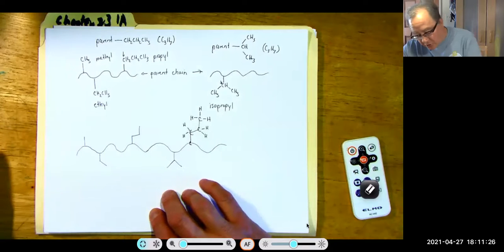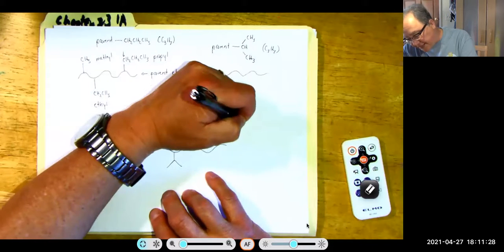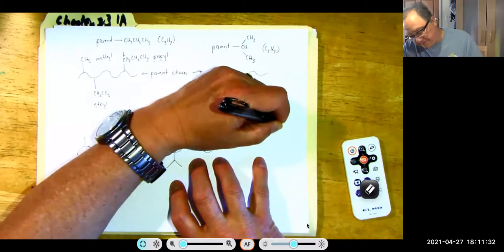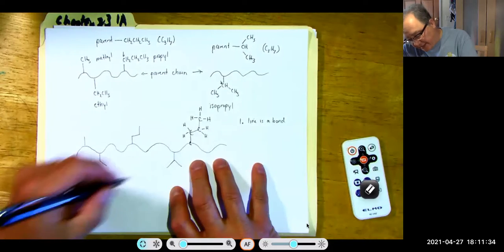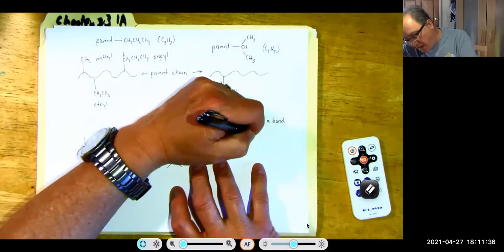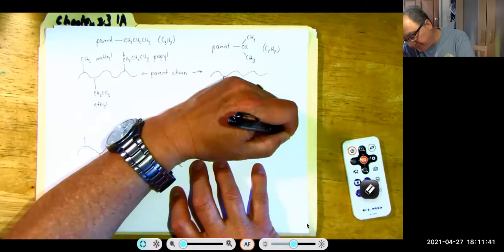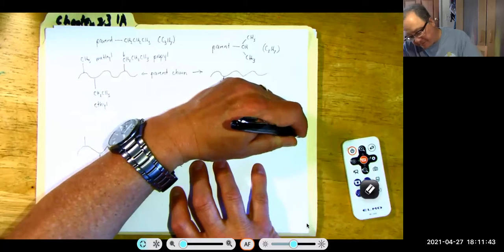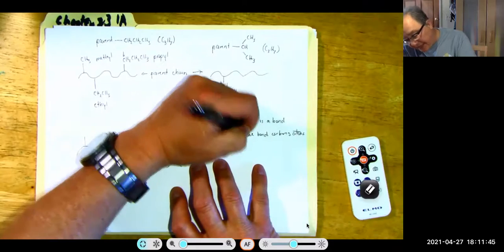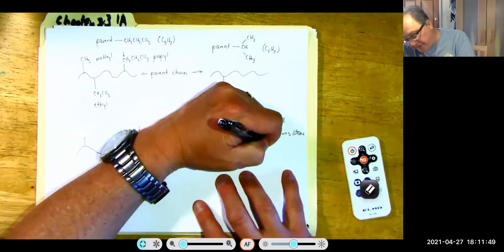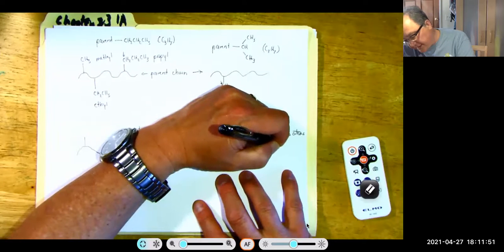So with these line drawings, the first thing you need to understand is a line is a bond. Second thing is the line bonds carbon atoms unless the element is shown.